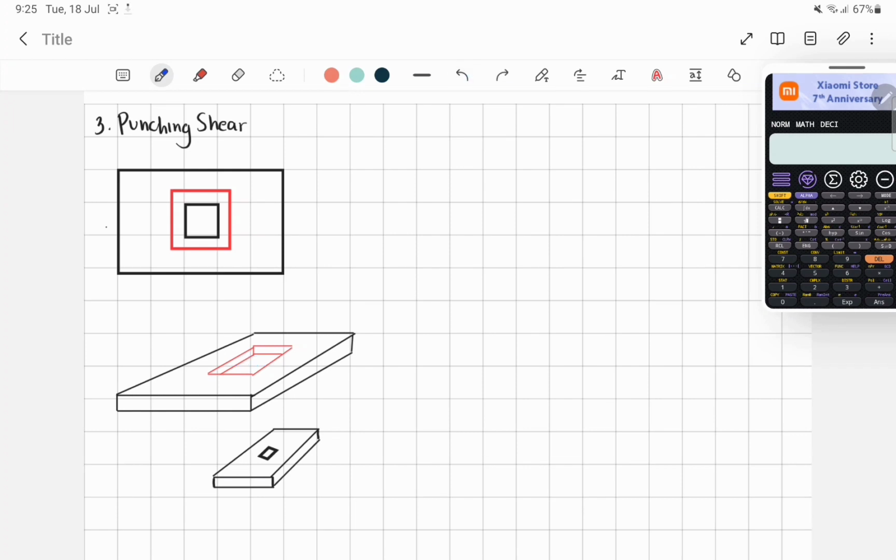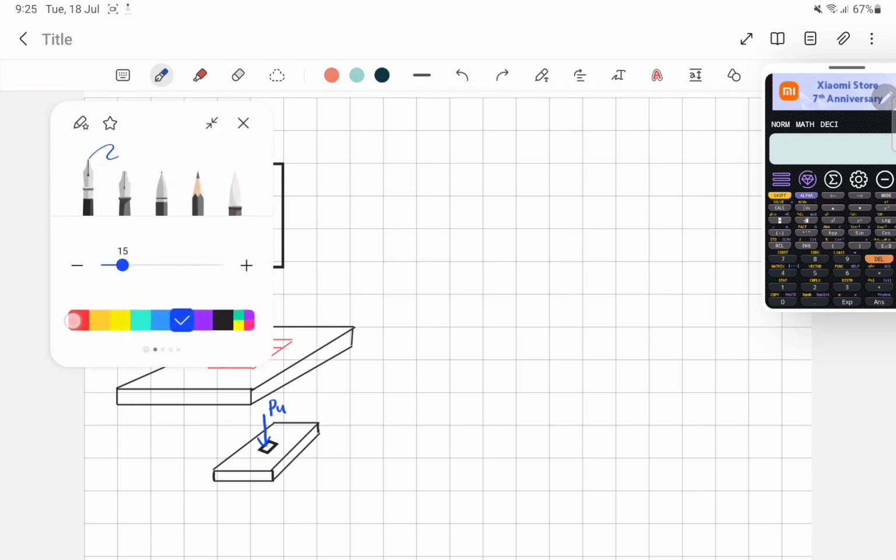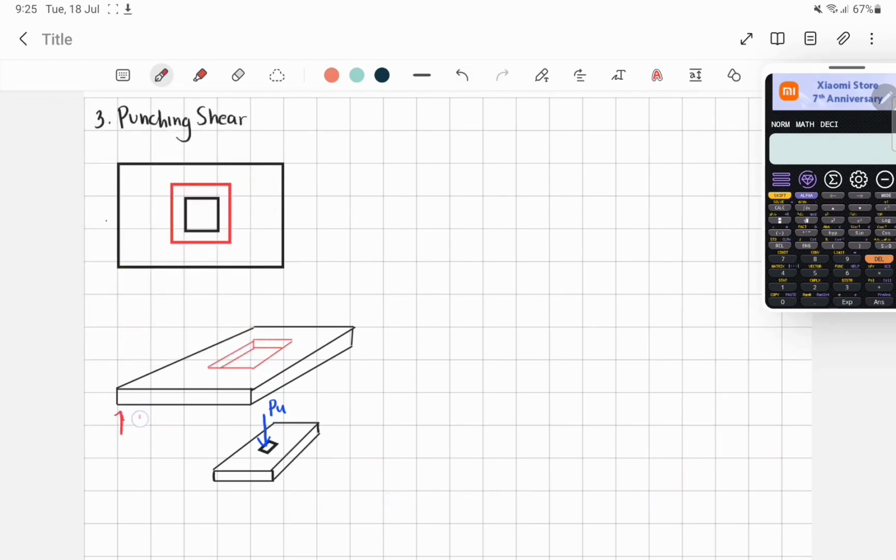Okay? So ibig sabihin nun, yung force na galing sa ating column will push the footing downwards. But then again, due to the ultimate soil bearing pressure, meron din siyang pataas na force which is QU. Di ba?